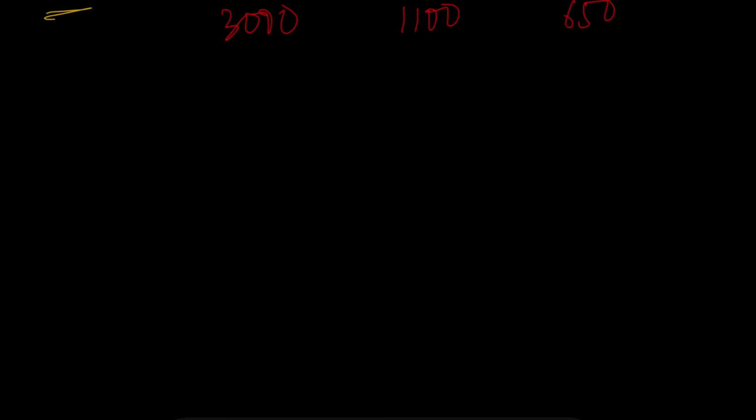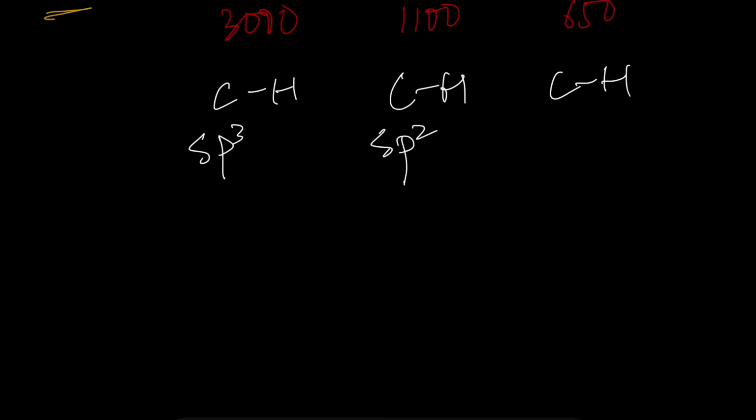Now let's look at the factors. Another factor is the hybridization of the carbon. If now we compare different hybridization states of carbon for the same bond, for example, they are all C-H bonds. But let's say now you have different hybridization states for carbon: this is sp3, this is sp2, this is sp. sp3 is the one with single bond, this is the one with double bond, this is the triple bond.